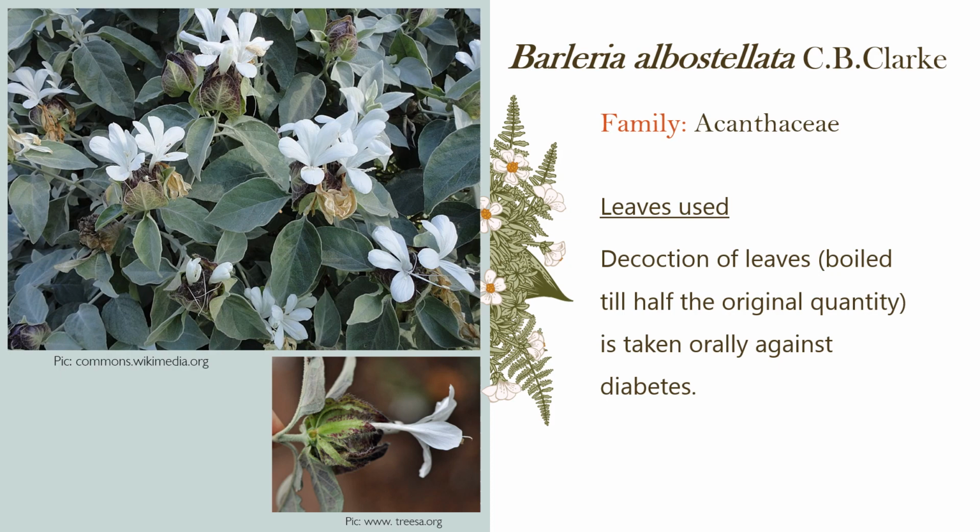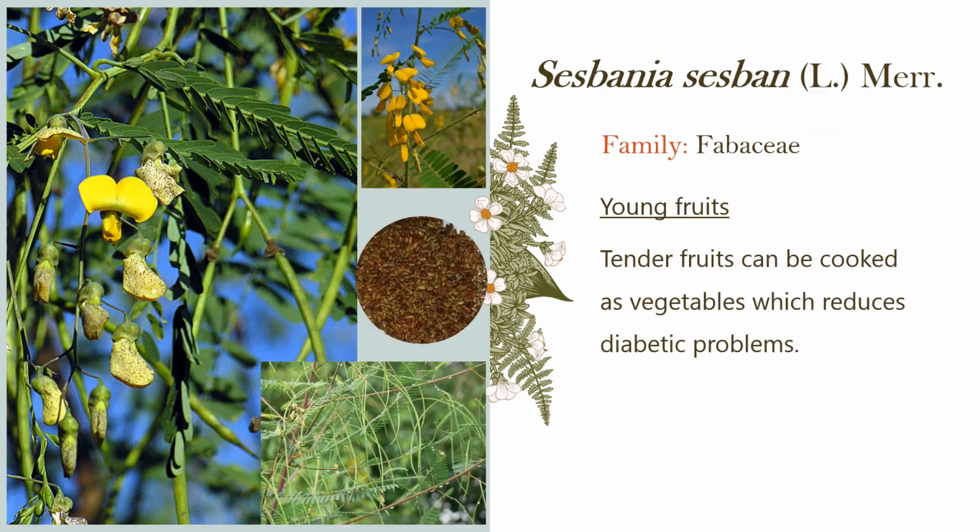So the next plant is Barleria albostellata. So this comes under the family Acanthaceae. So the leaves are used. Here the decoction of the leaves is boiled until the original quantity comes to half, or it is concentrated to half, and it can be taken orally against diabetes.